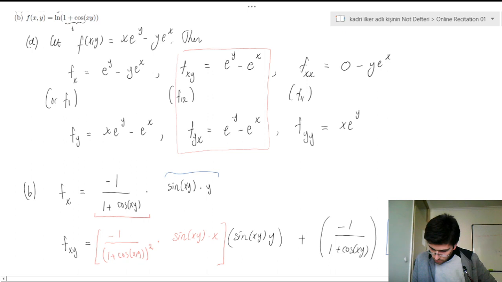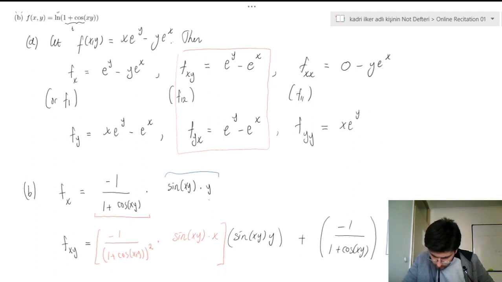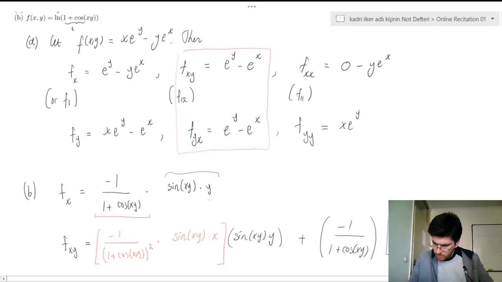So we have cosine xy times x times y. We didn't touch the second part. Plus, we don't touch the first part, and that's all, and times 1. You should check. I guess everything looks correct. We don't have any minus mistake, right? Anyway, you can check it. So this is the idea.